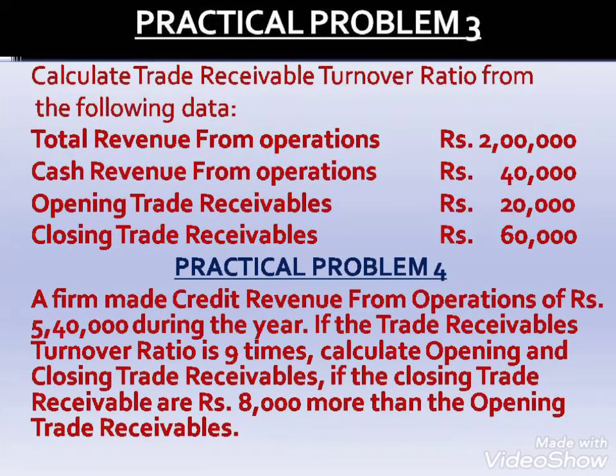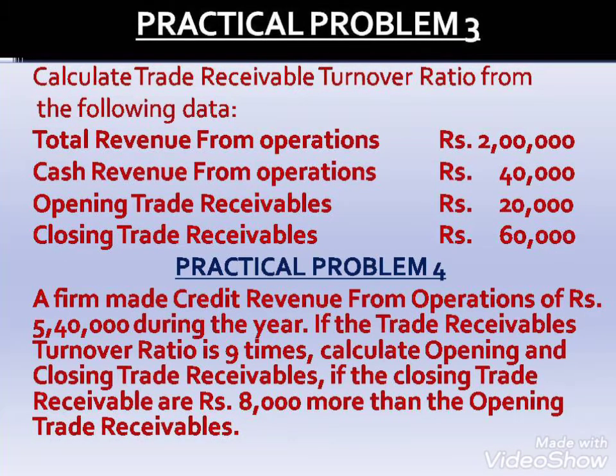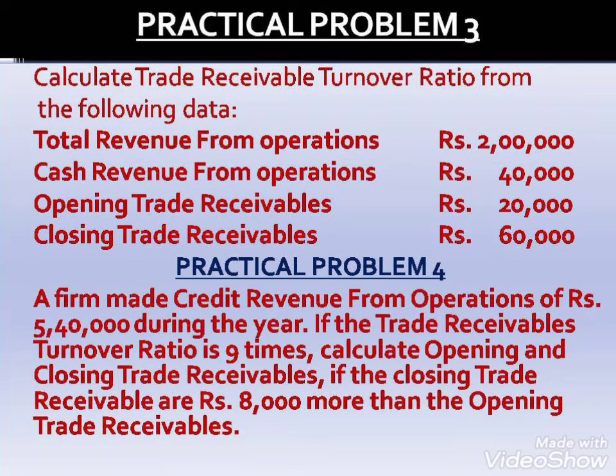If the trade receivables turnover ratio is 9 times, calculate opening and closing trade receivables, if the closing trade receivables are Rs 8,000 more than the opening trade receivables. This is another form of the practical problem to calculate trade receivables turnover ratio. Now let us go through the practical part for the calculation of the trade receivables turnover ratio.